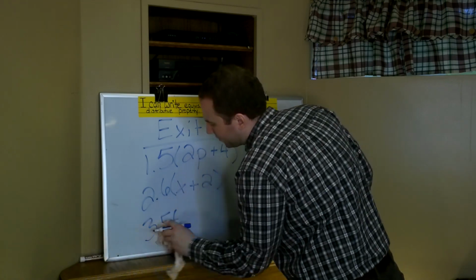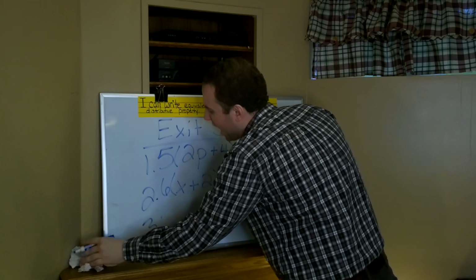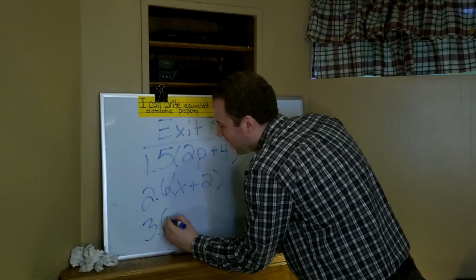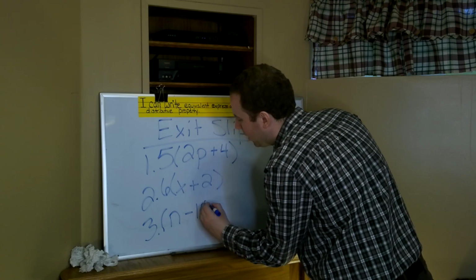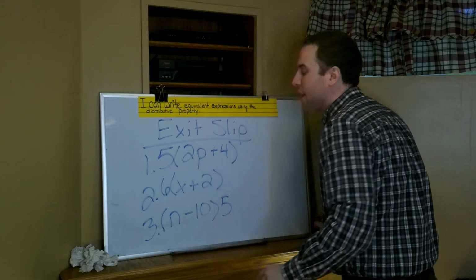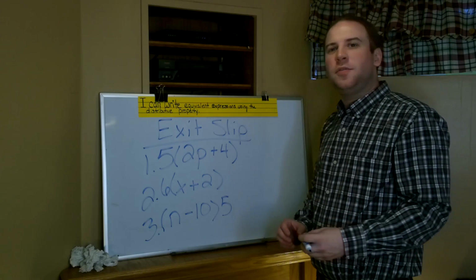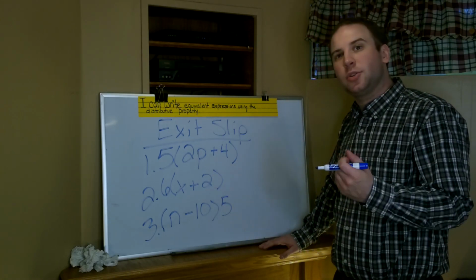Oh, you know what? I'm going to keep that 5, but put it on the other side. Let's do n minus 10 with a 5 on the outside. I'm going to have you pause this video right now and answer these 3 questions.